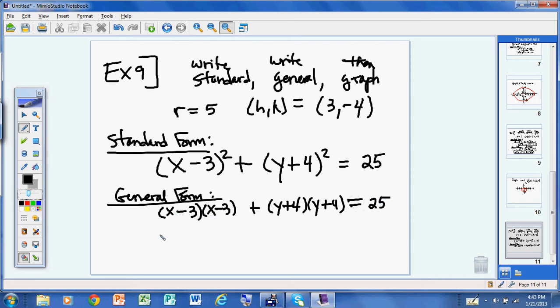So first times first is x squared here. Outside times outside is a -3x. Inside is another -3x, so that's going to be a -6x. And last times last is a +9.